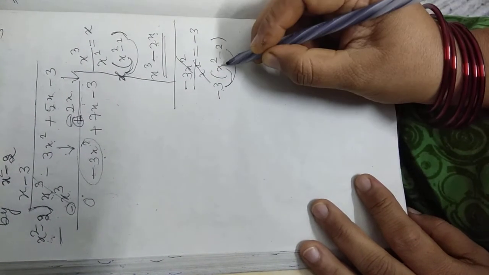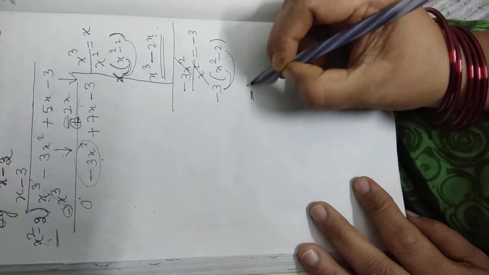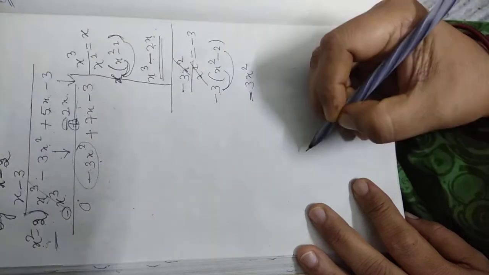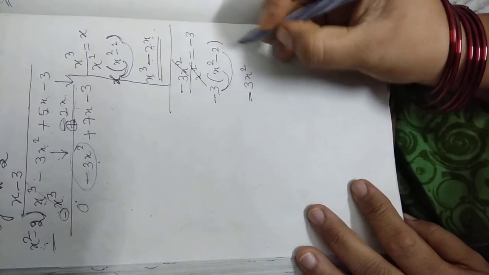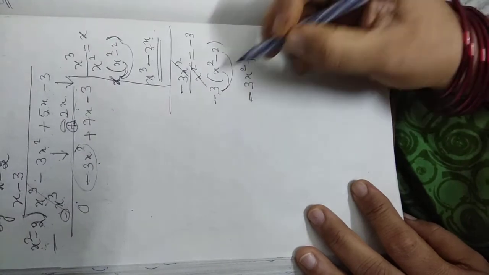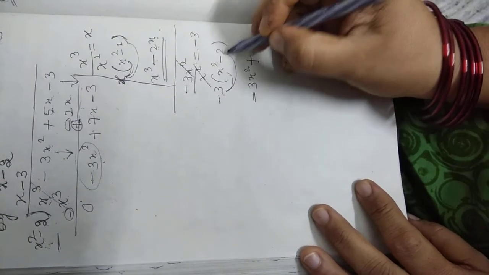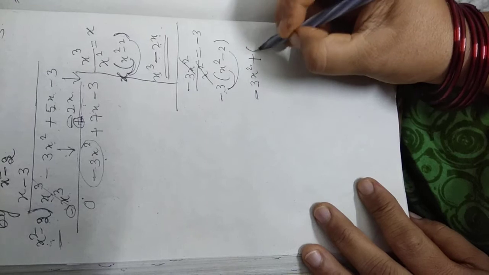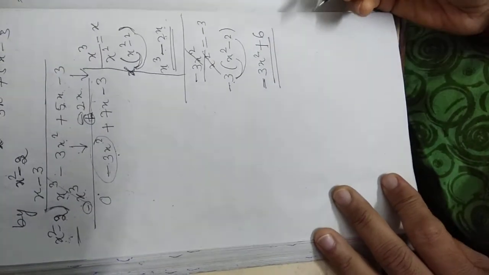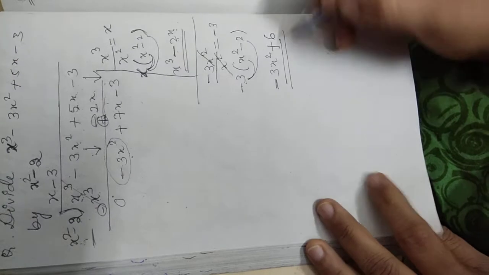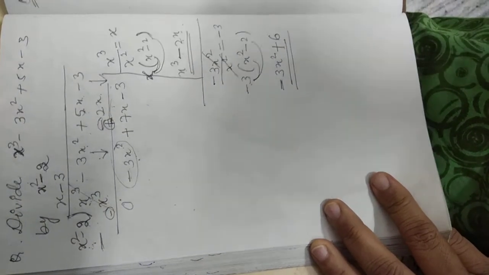Minus 3 multiplied by x square gives minus 3x square. Now you know minus times minus makes plus, right? So minus 3 into minus 2: 3 twos are 6, we get plus 6. Where to write these terms? Yes, very good. You have to write these terms below their like terms.